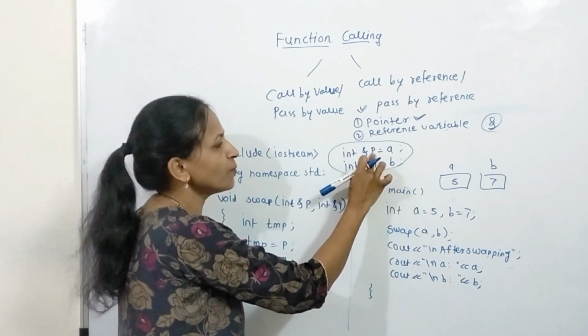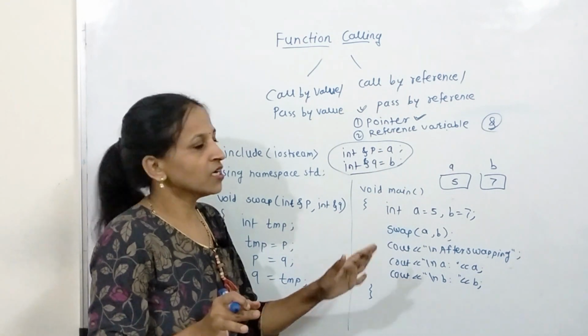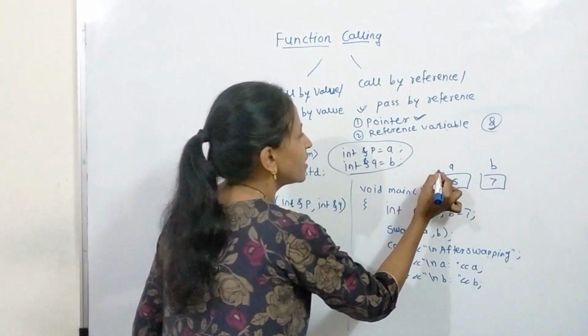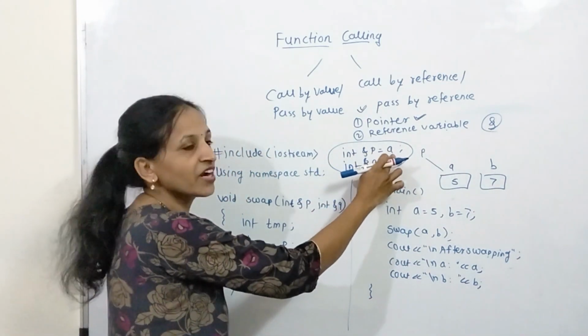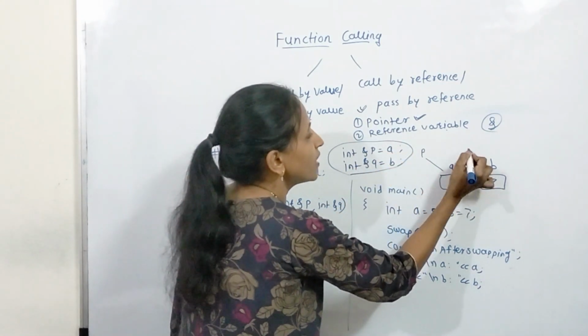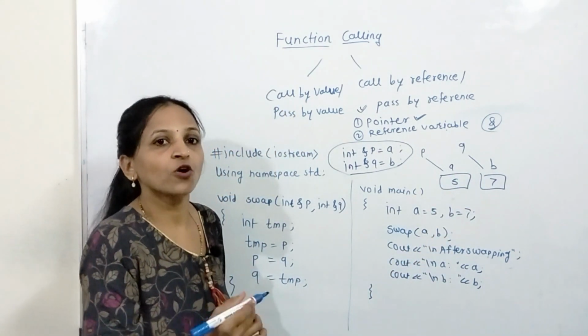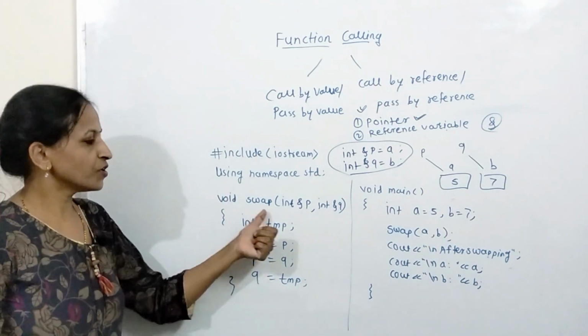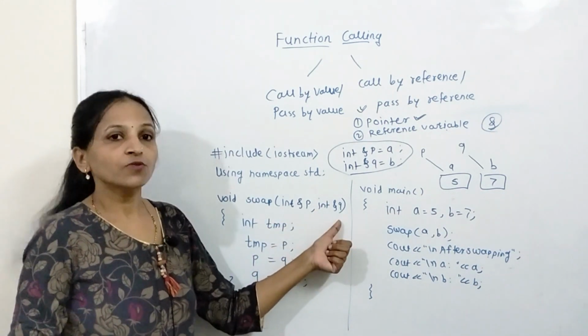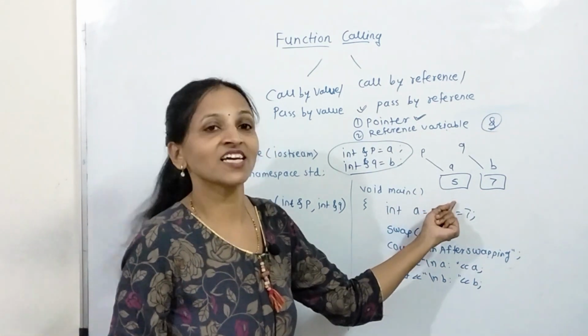This a and p are not two different variables, these are the same. We are just giving p a new name, or alternative name, to the already defined variable a, and q as an alternative name to the already defined variable b. Now whatever changes we are doing inside p and q, we are actually doing those changes inside a and b.